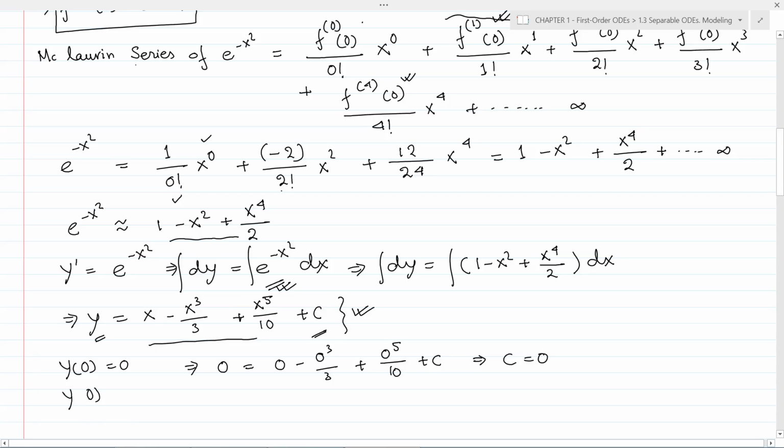For y of 0 equal to 1, similarly we can write 1 equal to 0 minus 0 cube by 3 plus 0 to the power 5 by 10 plus C, which implies C equal to 1.